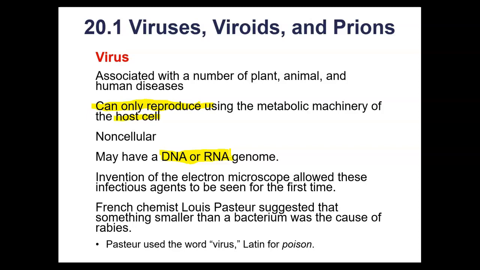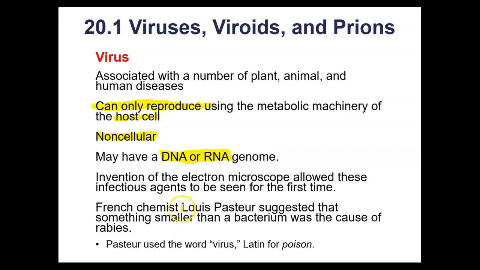So making proteins would be the transcription and the translation. So all of that happens with the help of the host cell. So viruses are non-cellular, and that means they're not considered to be a living thing, although they do have DNA or RNA. Okay, so we're going to talk about two scientists that were given credit for helping to discover viruses.